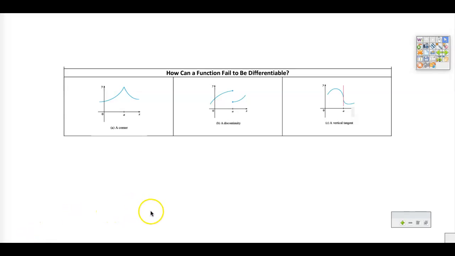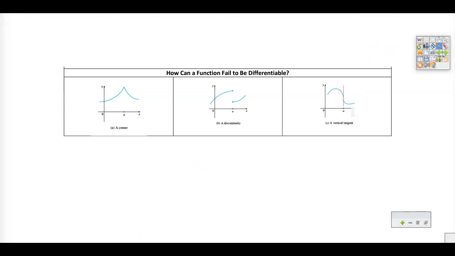Okay, so in the last video, we illustrated that if a function is differentiable at a, then it must also be continuous at a. However, if a function is continuous at a, that doesn't mean it's differentiable at a.